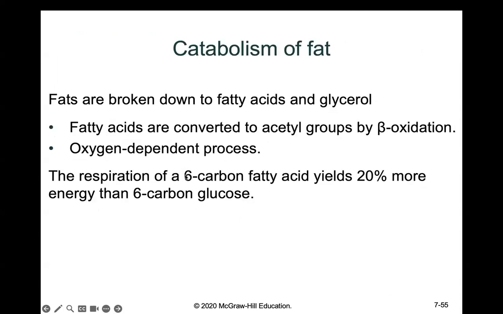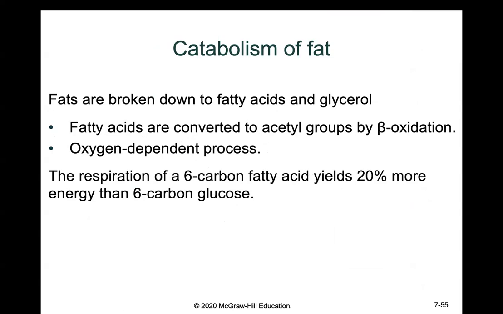And the cool thing about this is that if you compare a six carbon fatty acid with a six carbon glucose, we can get way more energy from the fatty acid. You get 20% more energy because in the six carbon glucose, you create two pyruvates. In the six carbon fatty acid, you create three.